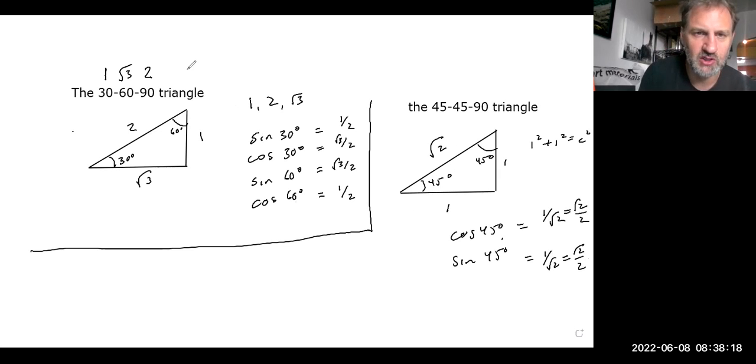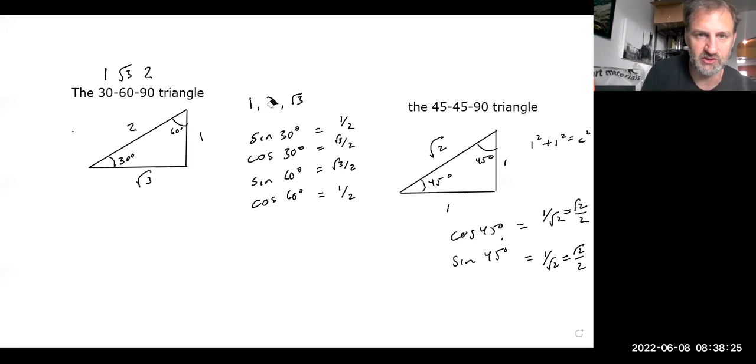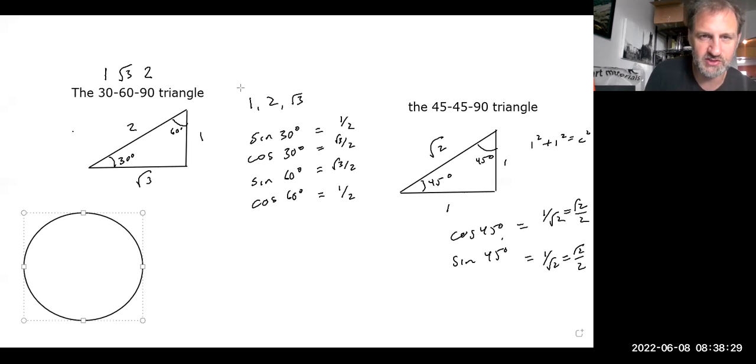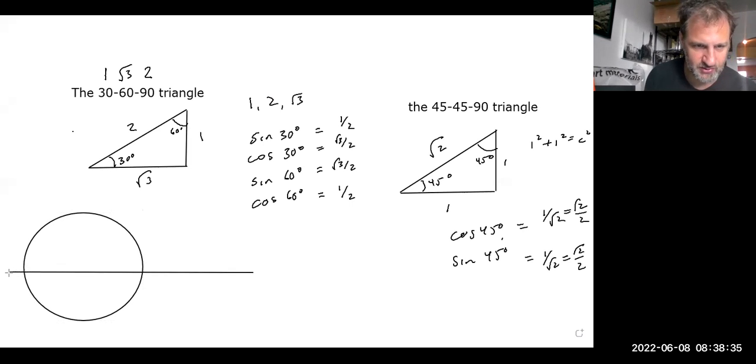Okay, so I've used the words unit circle a bunch of times. Let me just explain the theory of what the unit circle is and what it does. Okay, so the unit circle is a circle centered on the origin 0, 0.